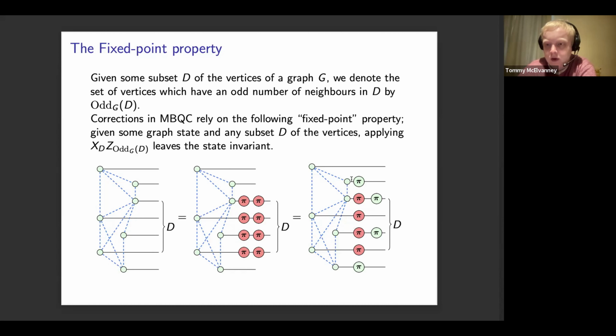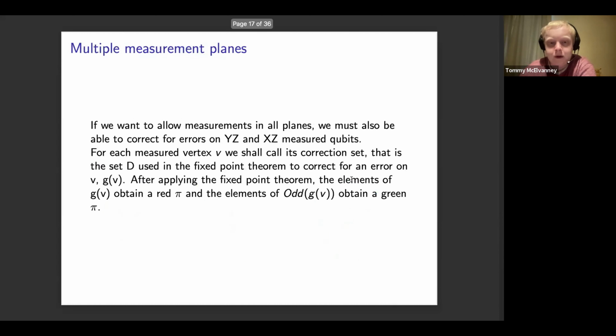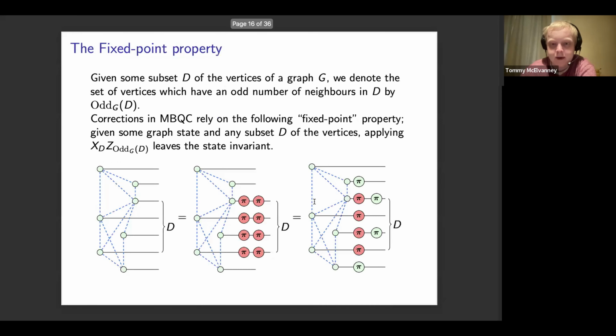And this is almost enough to define extended gflow already. When we have extended gflow, we have multiple measurement planes. And if we notice from the fixed point theorem, anything in the correction set gets a red pi, and anything in the odd neighborhood of the correction set gets a green pi.